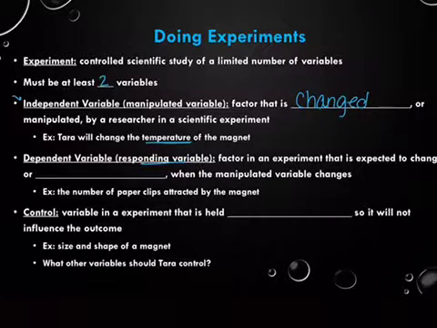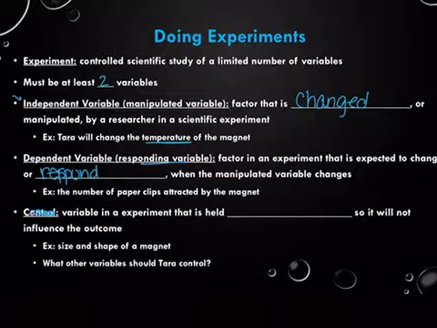This is the factor in an experiment that is expected to change or respond when the manipulated variable changes. So the number of paper clips attracted by the magnet should change as Tara changes the temperature.